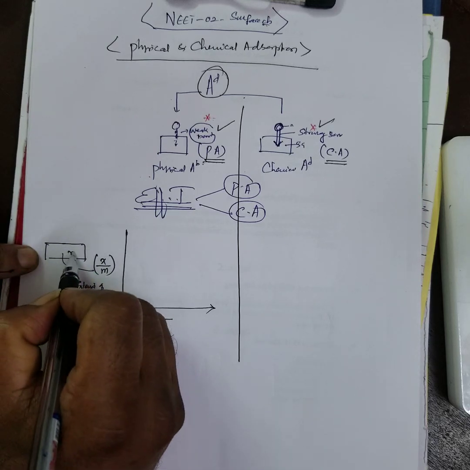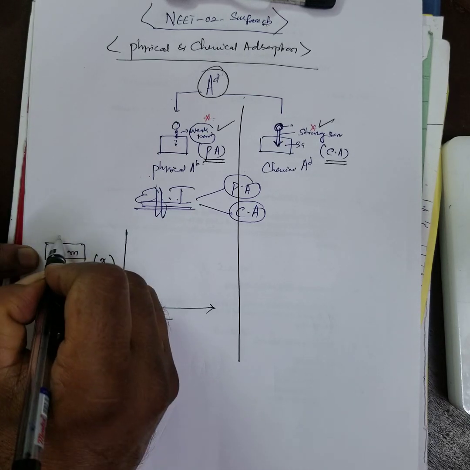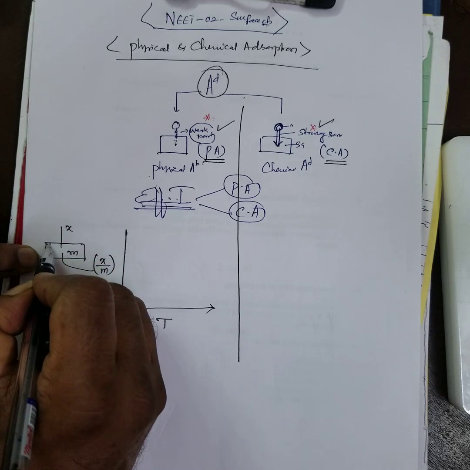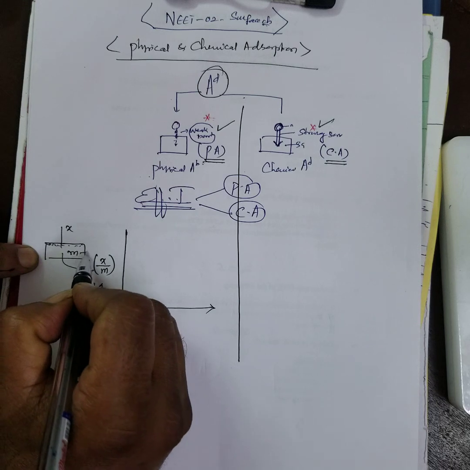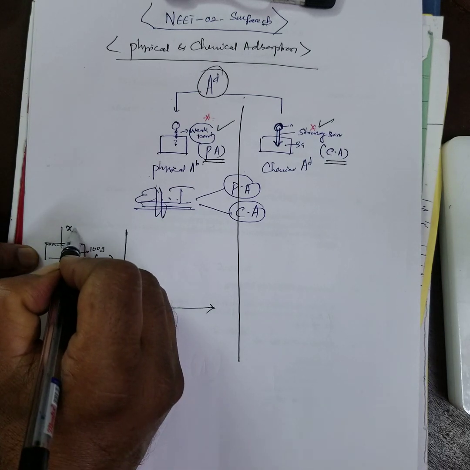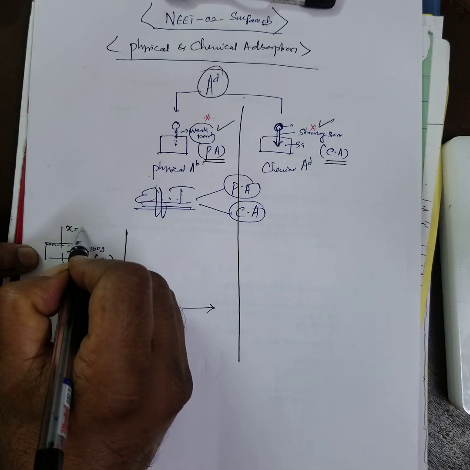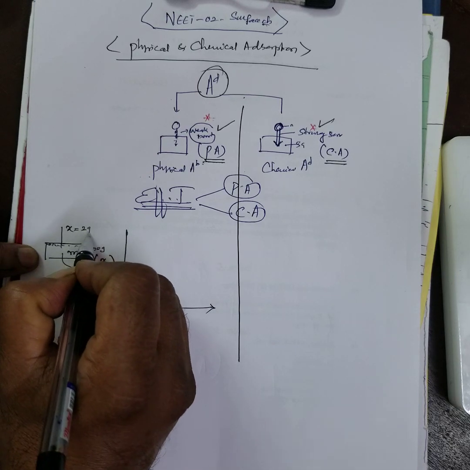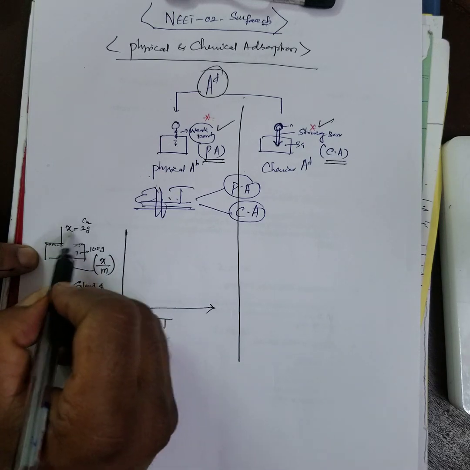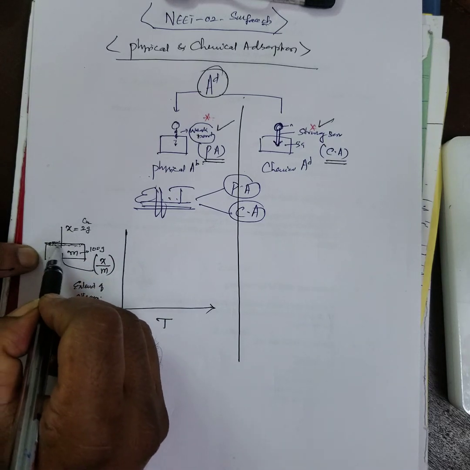Here, the mass of the substance, right? How much? This is x. How much mass is adsorbed? The mass of the substance is equal to 100 gram of carbon. And here 2 gram of carbon dioxide is adsorbed, or poisonous gas is adsorbed.